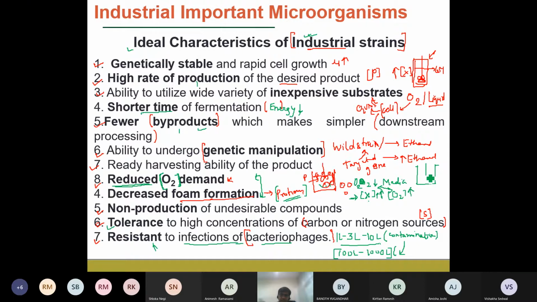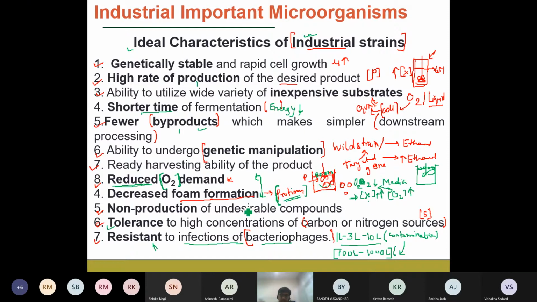Similarly, in the case of the bioreactor, we already talked about the formation of foams. Because large varieties of proteins are released whenever this microbial fermentation is carried out, and because of their surface tension, foams form and float on top of the bioreactor. That is not good for the fermentation process.